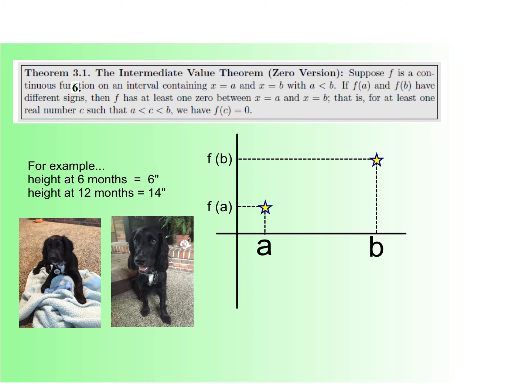It's something that we don't have to cover, so I'm just going to say, if your dog was 6 inches tall at 6 months, okay, so this is 6 inches, and this is 6 months, and then at 12 months, it was 14 inches tall, it would have had to go from here to there, and it doesn't have to go in a super smooth way, but there would have to be something in between. There would have to be something in between those two.